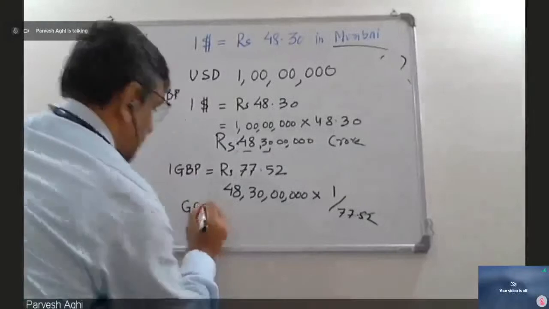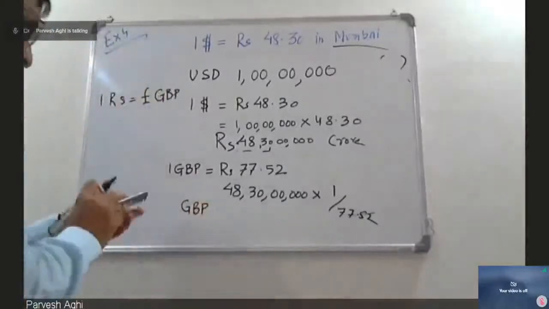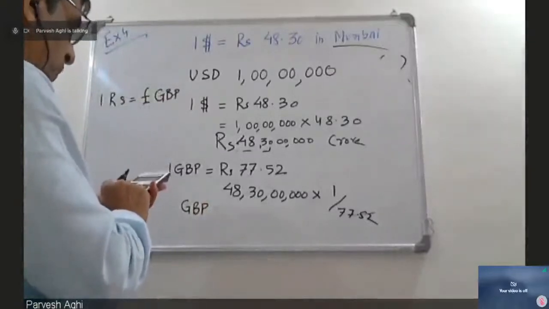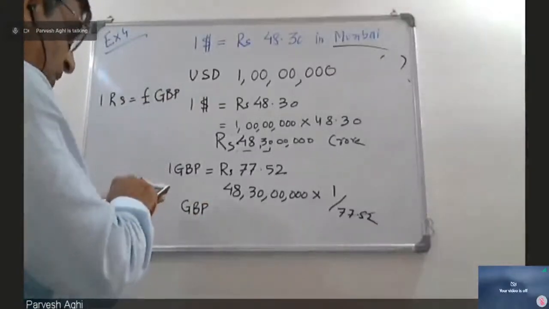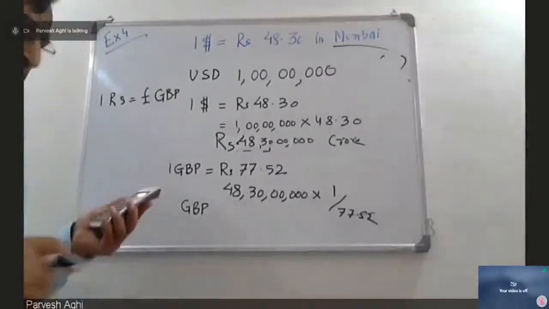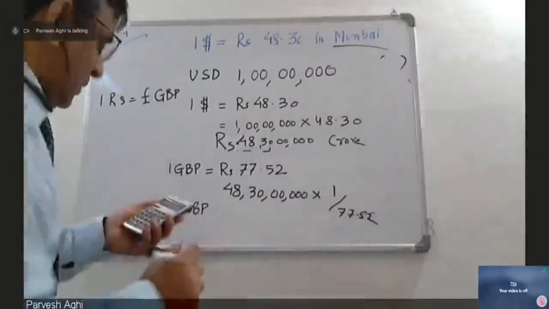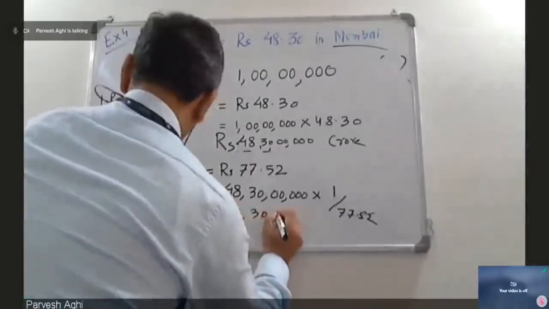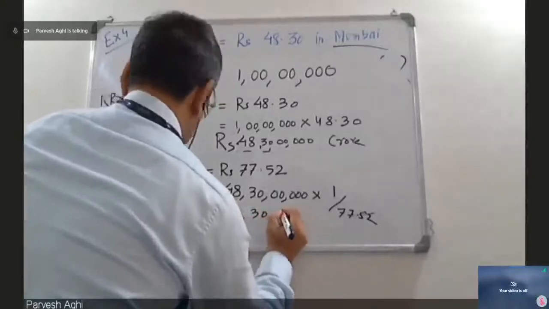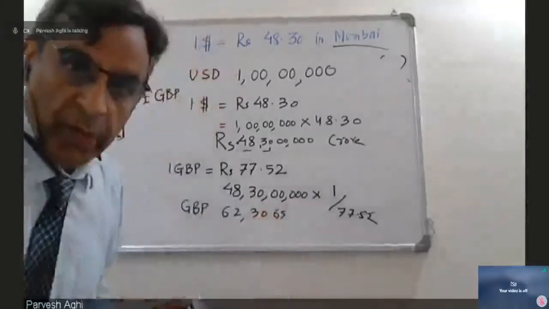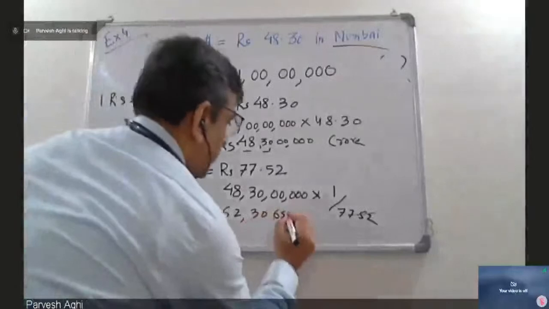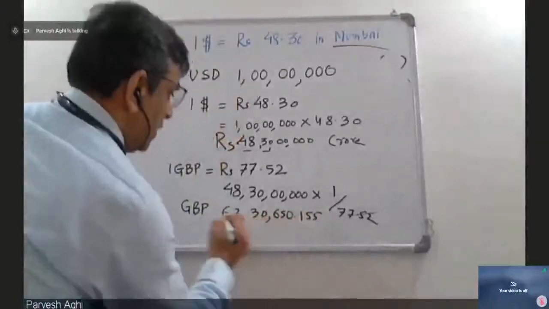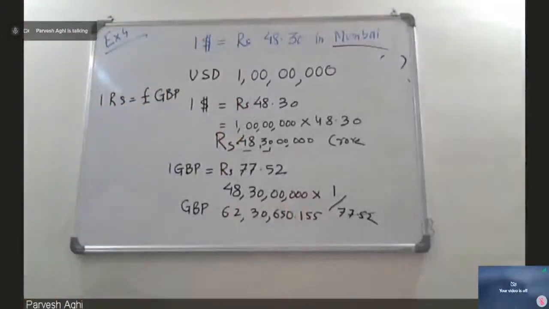GBP. So I'll use my calculator. 48.3 crore divided by 77.52. So I get 62 lakhs 30,000 623065 point 155 pounds. So I have got 62 lakh 30,650 pounds.